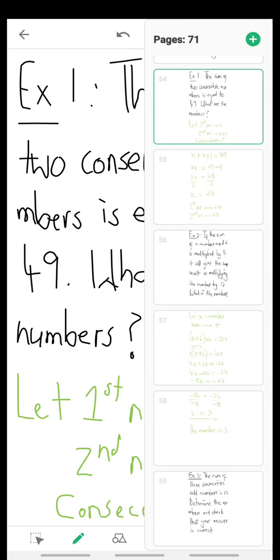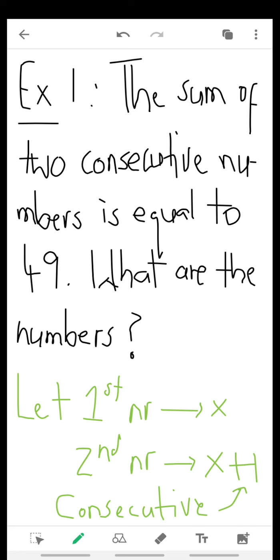Now let's go to the first example. The sum. Immediately I see sum means plus. The sum of two consecutive numbers is equal to 49.